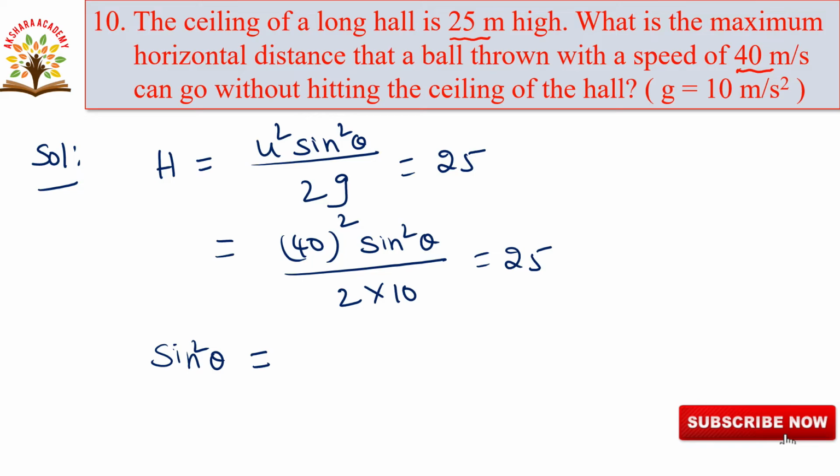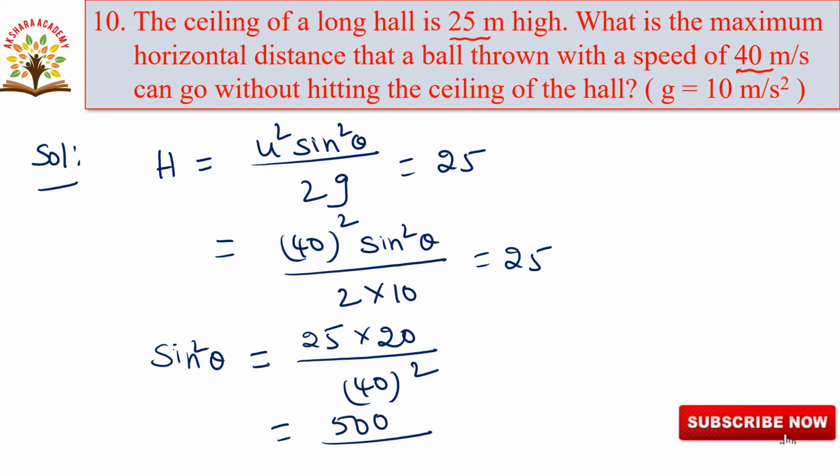Here we are taking cross multiplication, 2 into 10 is 20, 25 into 20 by 40 whole square. So 25 into 20 is 500, 40 whole square is nothing but 1600, zeros cancel. So we are getting sine square theta is equals to 5 by 16.